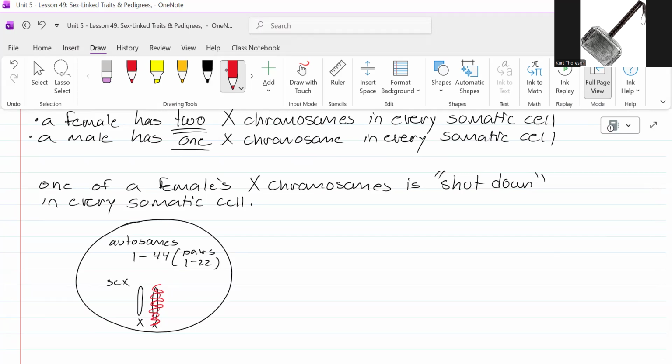That means that in every female's body, she has an active X chromosome and an inactive X chromosome. The inactive X chromosome is called a bar body.